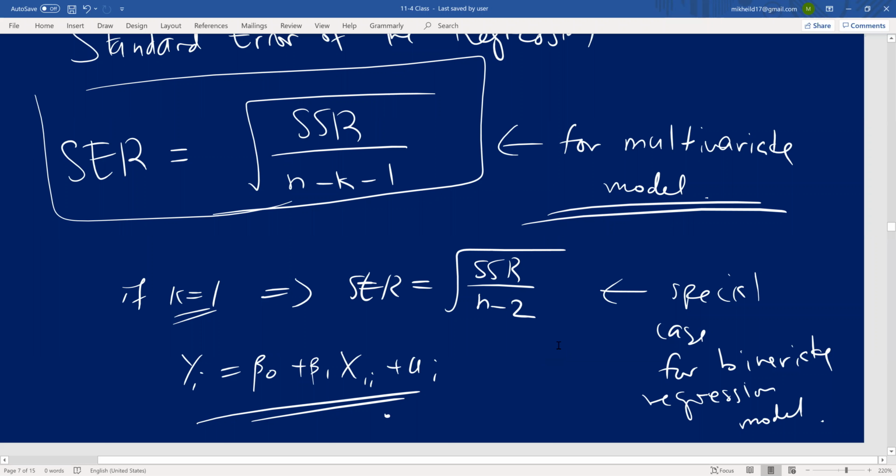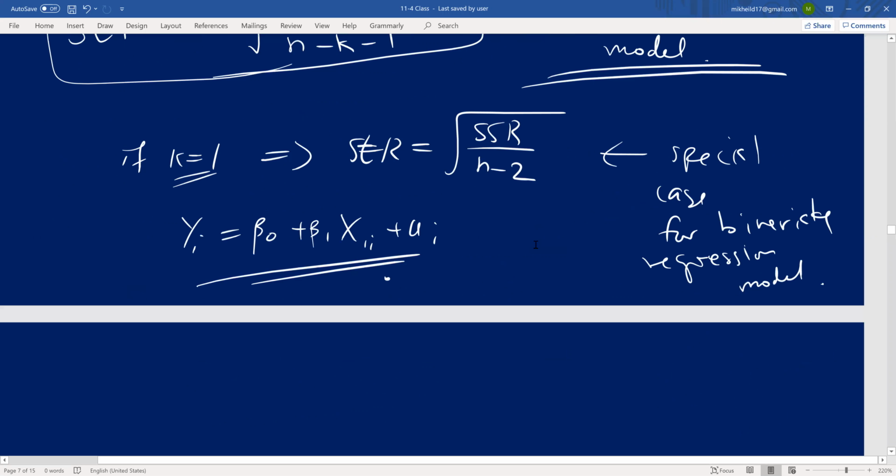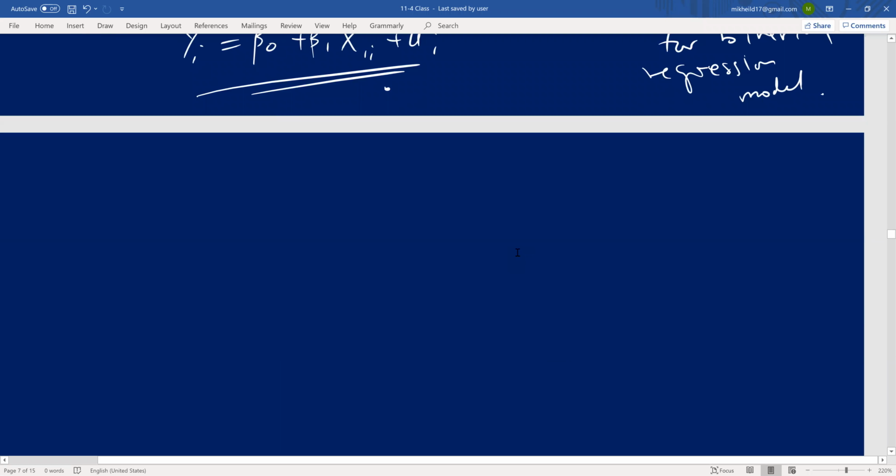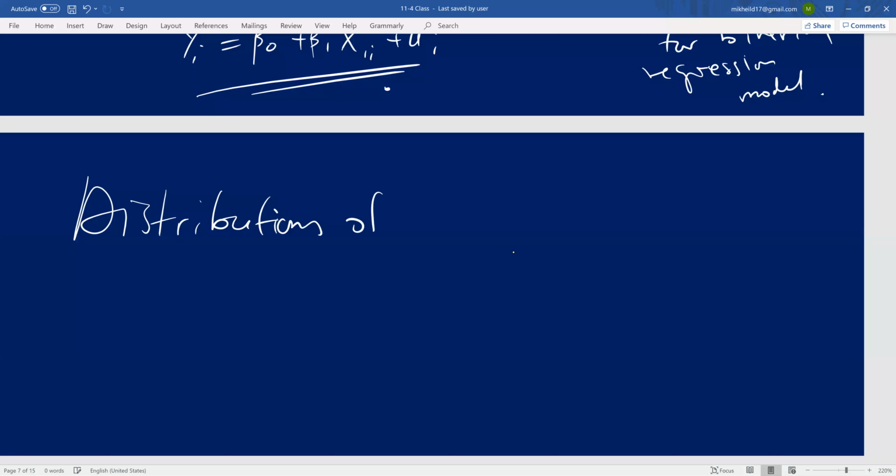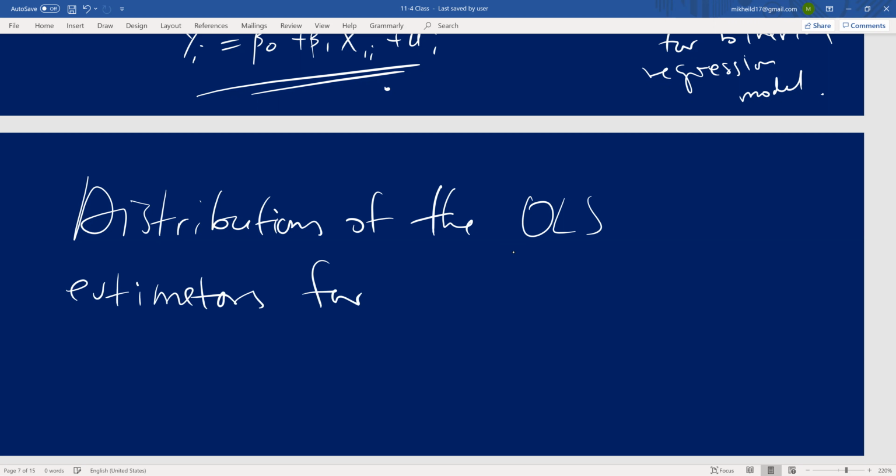Now, the last part is the distributions of the OLS estimators for multivariate model.